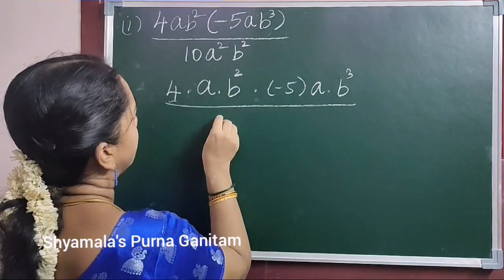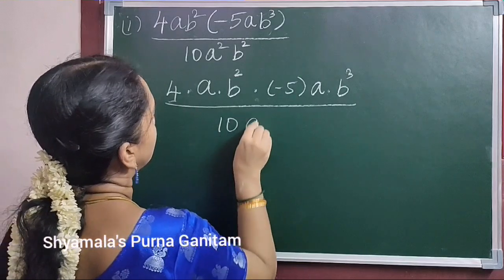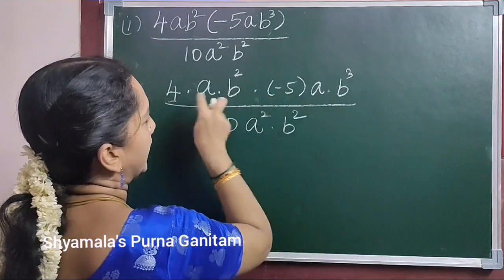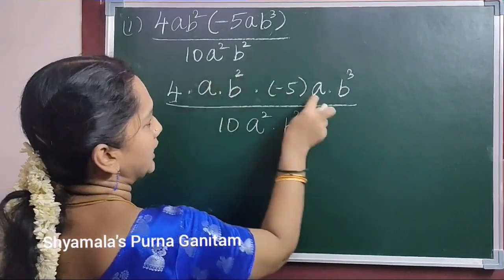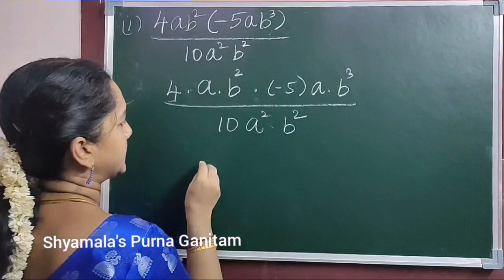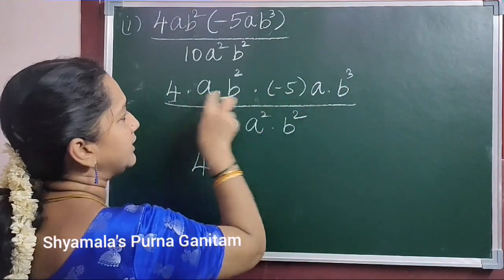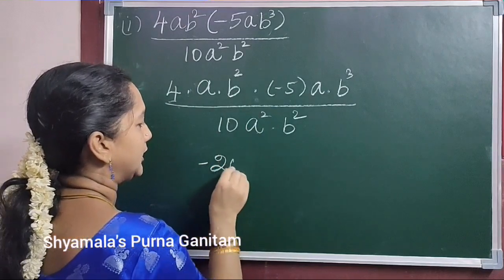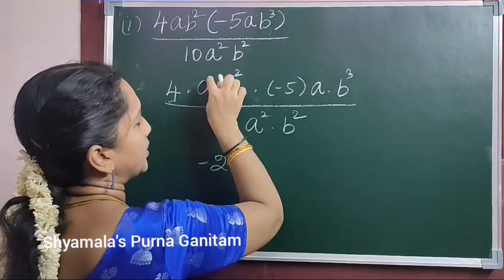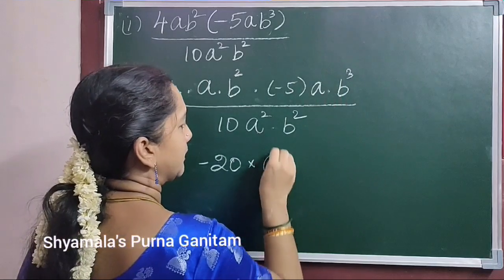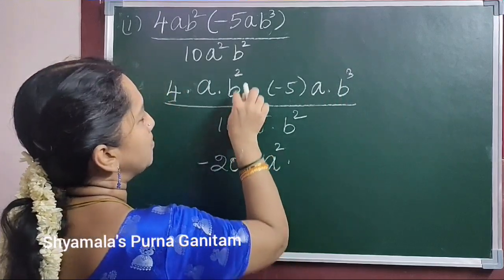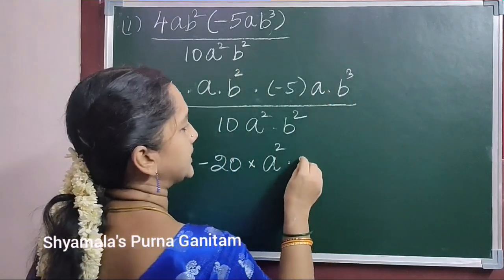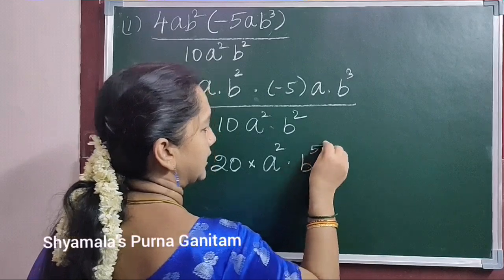In the numerator you have two a terms, this is a power 1 and this is also a power 1. This is in multiplication. First we will bring the numbers together. So 4 into minus 5 is minus 20, into a power 1 into a power 1 is a power 2, into b squared into b cube. b squared into b cube is b power 2 plus 3, that is 5.